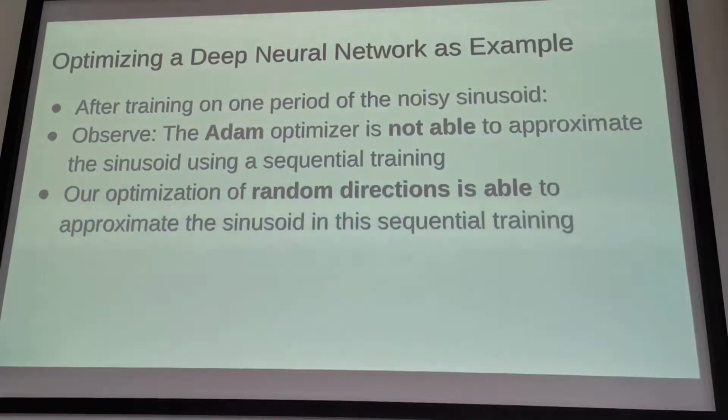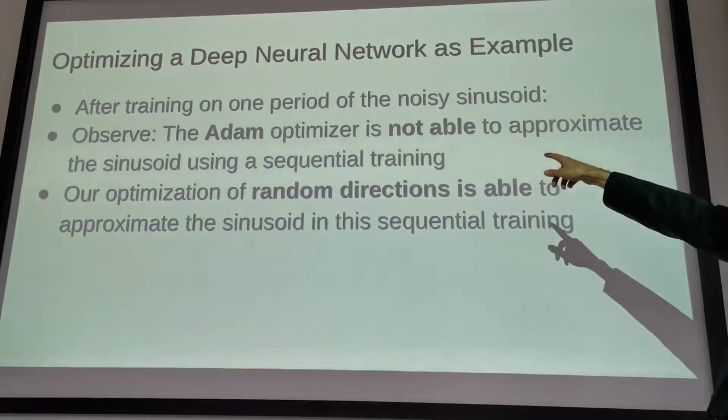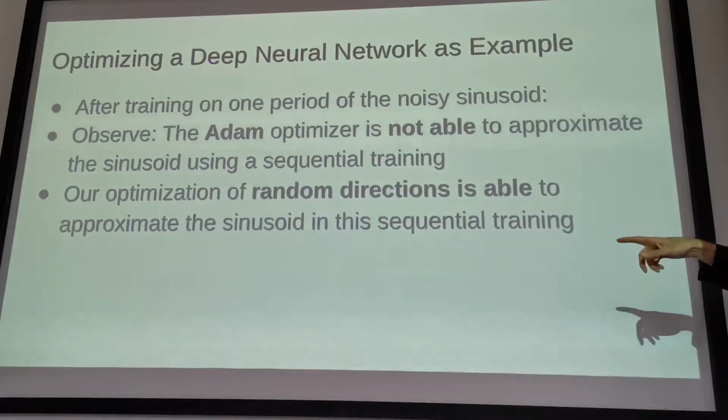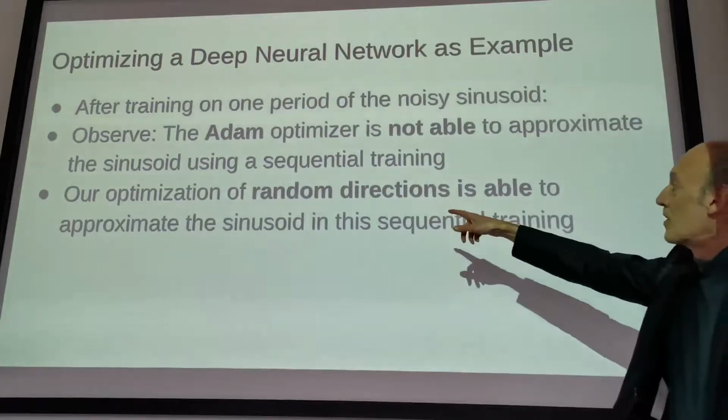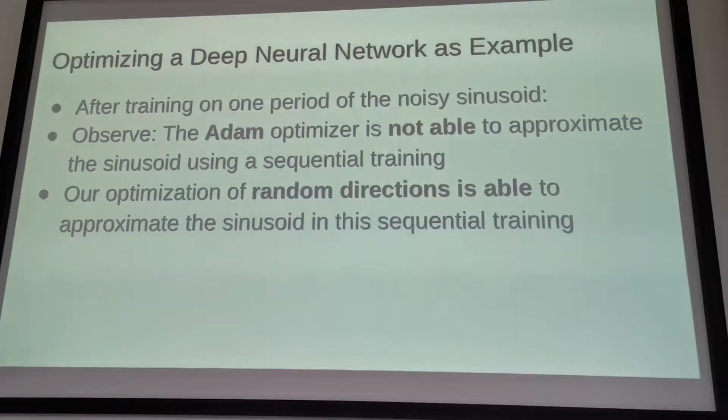So this shows that after training on one period of the noisy sinusoid, the ADAM optimizer is not able to approximate the sinusoid using sequential training. But our optimization of random directions is able to approximate the sinusoid in this sequential training. So it's actually more powerful because it's able to deal with those local minima which are prevalent in very nonlinear systems, which happen in deep neural networks.